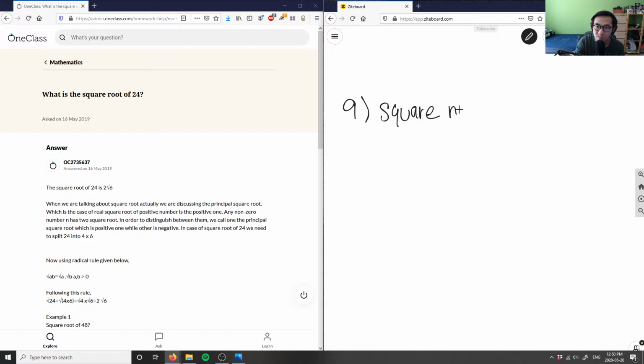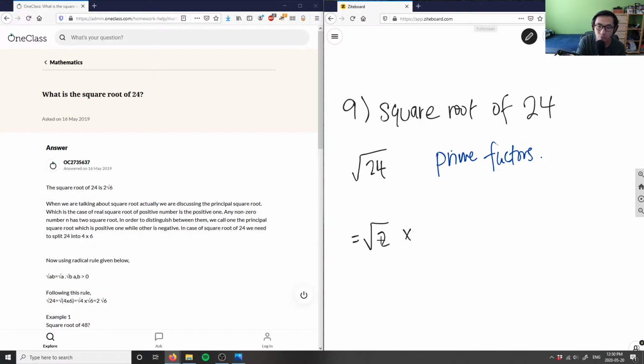Square root of 24. So all I'm going to have to do is use prime factorization, right? So I have root 24. I want to break this 24 down into its prime factors. So I can divide this by 2. So I get root 2 times 24 divided by 2 is 12.